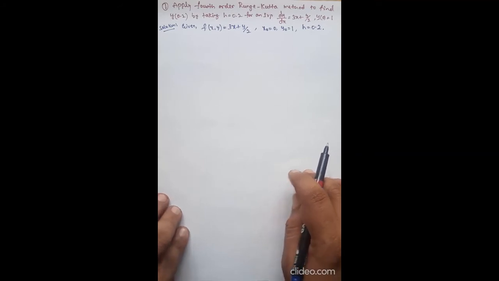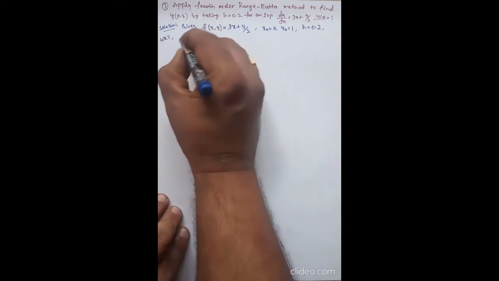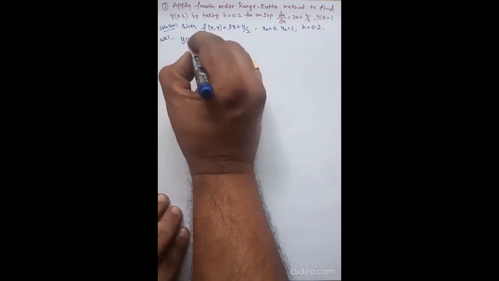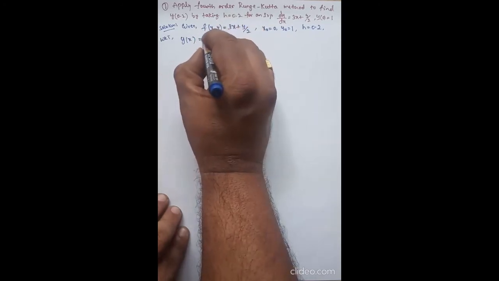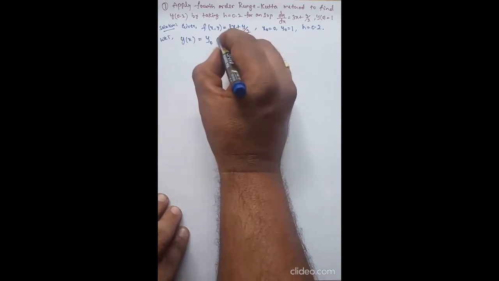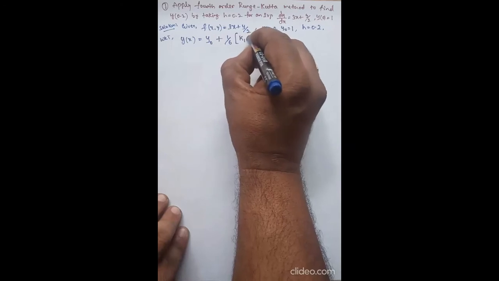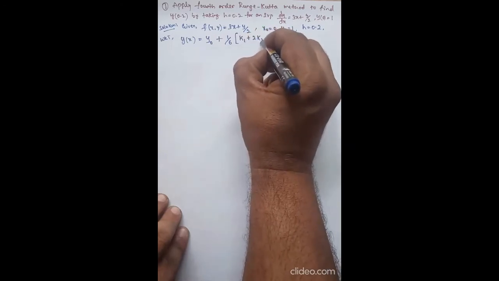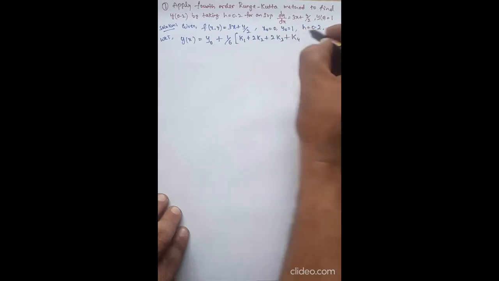Now we know that in case of fourth order Runge-Kutta method, the approximate value of y at given x, that is y of x, can be calculated by using a formula y of x equals y naught plus 1 by 6 into k1 plus 2k2 plus 2k3 plus k4.